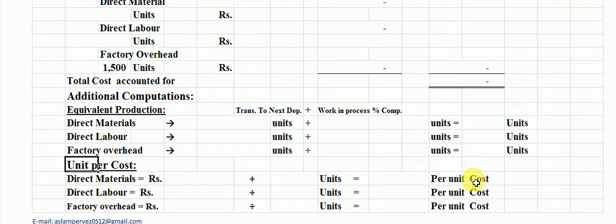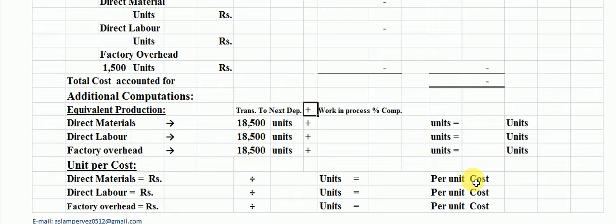Students, we know the completed units, which are 18,500 units, and we put them here, same as in labor: 18,500 units here, same as 18,500 units here.